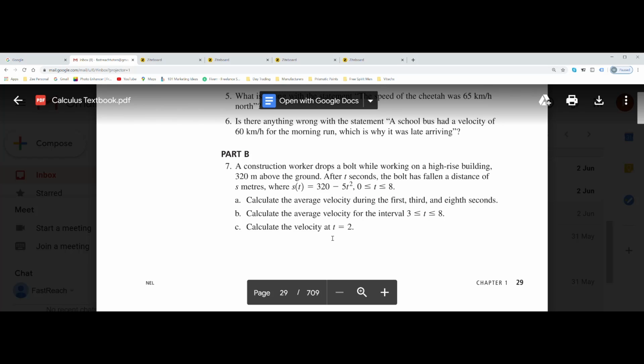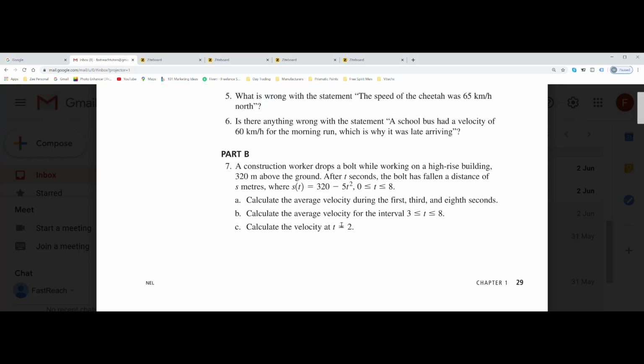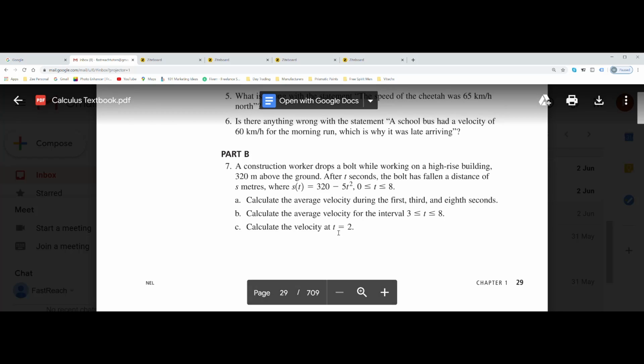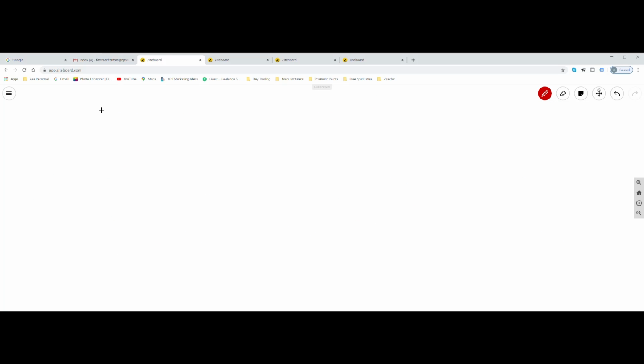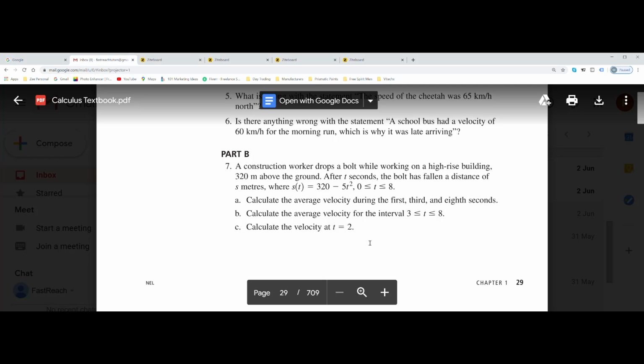So now calculate the velocity at 2. So now they only gave us 1 point. So what that means is find the instantaneous velocity, which is the limit. So let's find the limit. So 320 minus 5t squared, and it said to find it for 2.